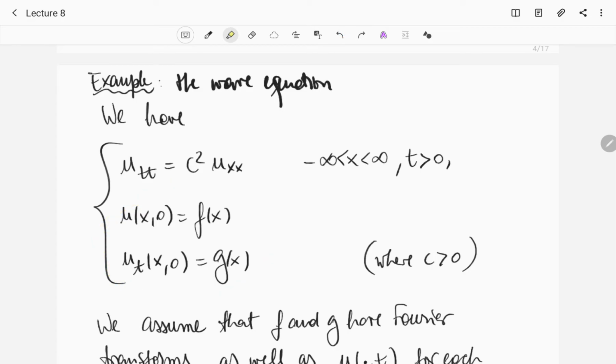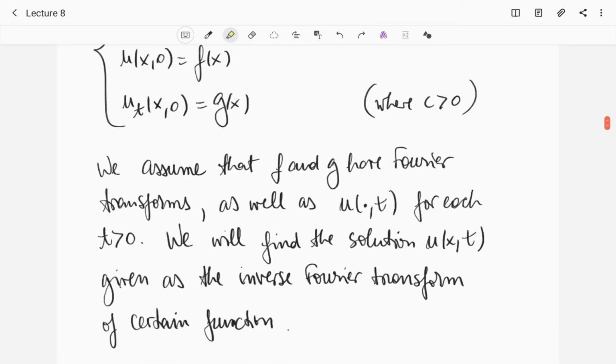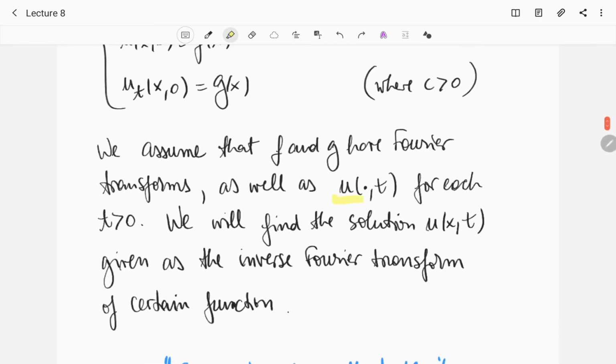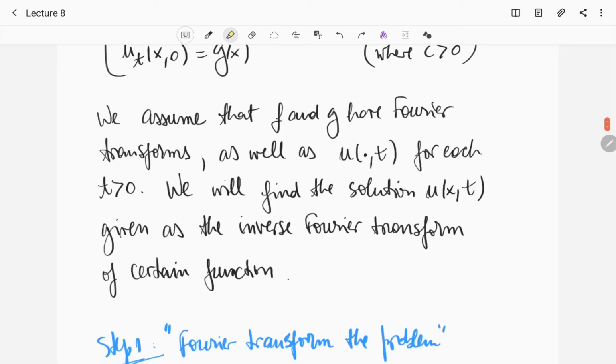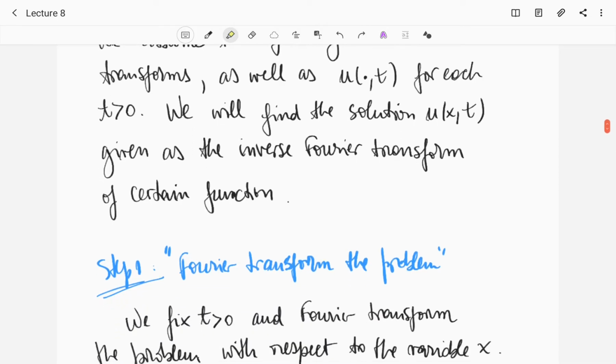Okay, so first step, we assume that every function involved, u of x and t, f of x and g of x, admits Fourier transforms. So our first step is thinking of this as a function where we fix t and we have x as a variable, and we find the solution u of x and t at the end with the inverse Fourier transform of a certain function.